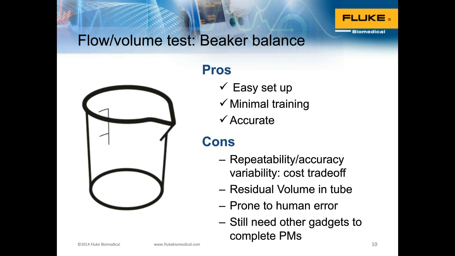Some other issues you want to be careful about: there's going to be residual volume when you pour the liquid out. It is prone to human error. Again, you're tying down a user specifically to this measurement. So you are also, again, going to need other gadgets to complete the PM. When I say other gadgets, what I mean is, you're usually doing flow and volume, which you can do with either the burette or the beaker method, but you also have to do occlusion.